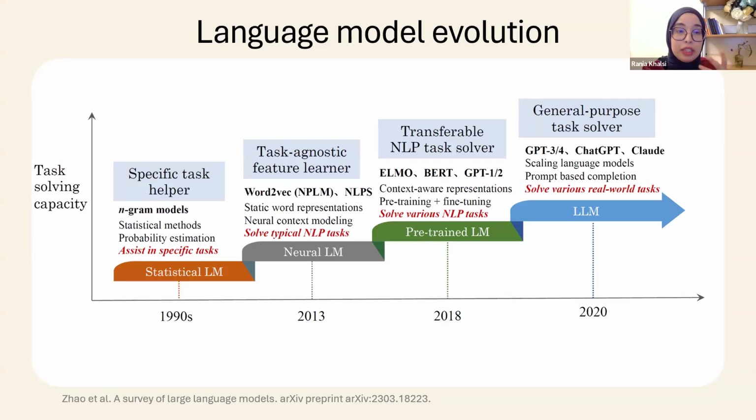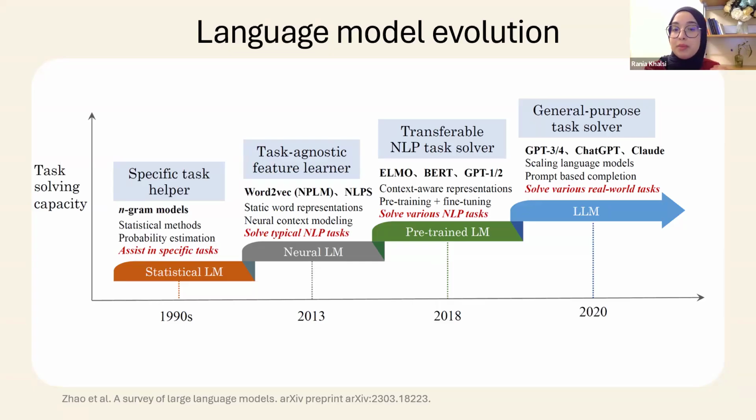And after that, in 2018, the concept of pre-trained language models appeared. This dramatically improved task-solving capabilities. When we talk about task-solving capabilities, the models that have been employed are like BERT, which we discussed in detail in the previous video.